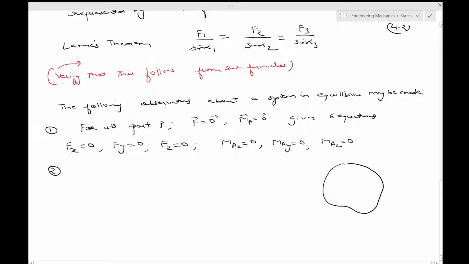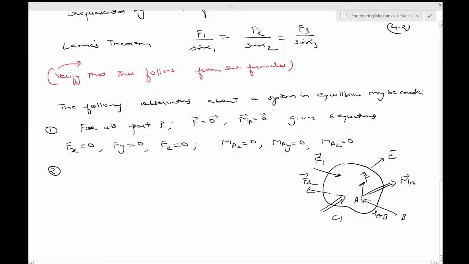So this is a body and this is the direction, force F1, force F2, and at this point A, and this is B, so you have this RAB, you have this MA, this is F acting, and then say you have this C1 acting.